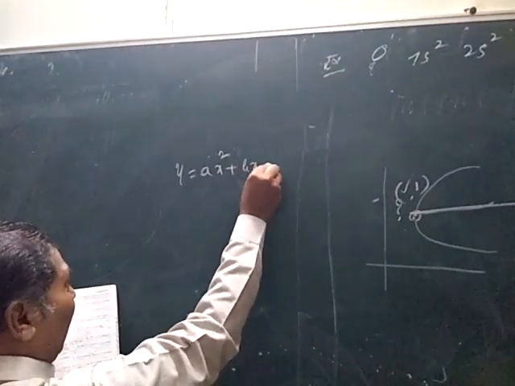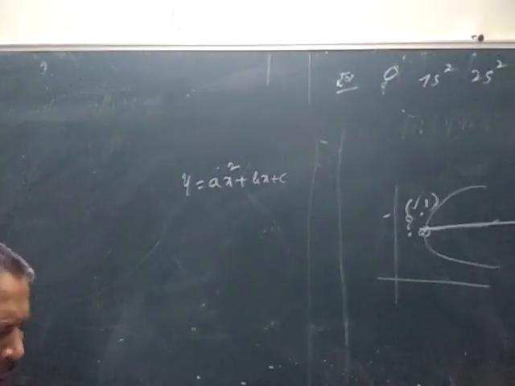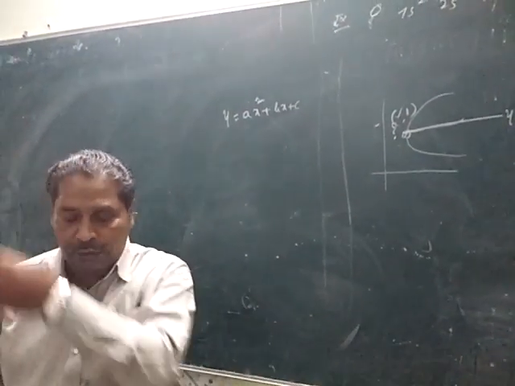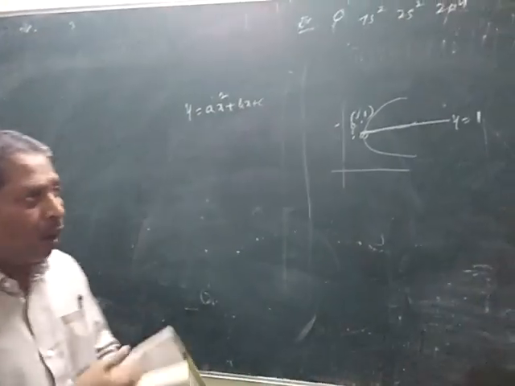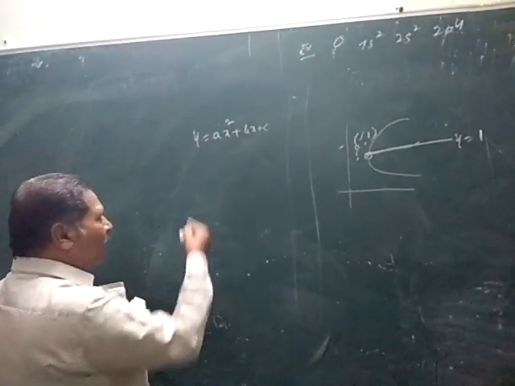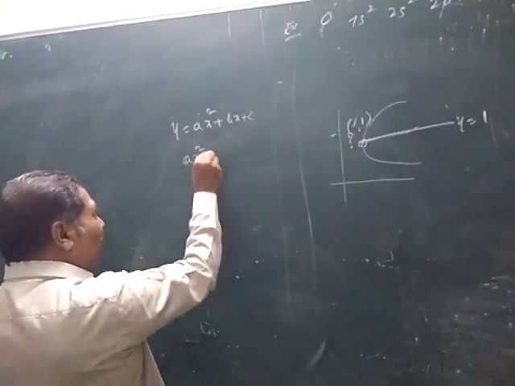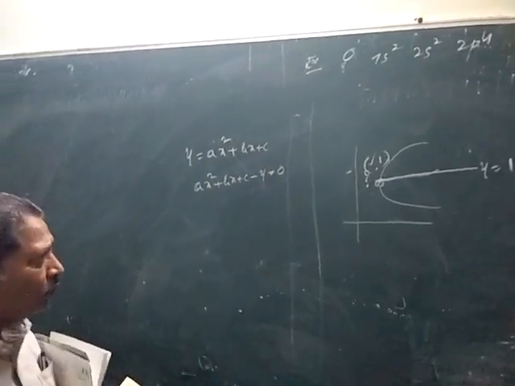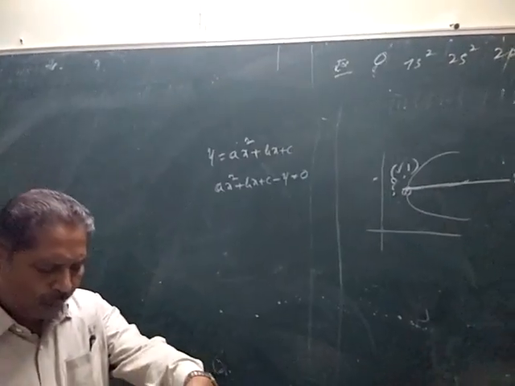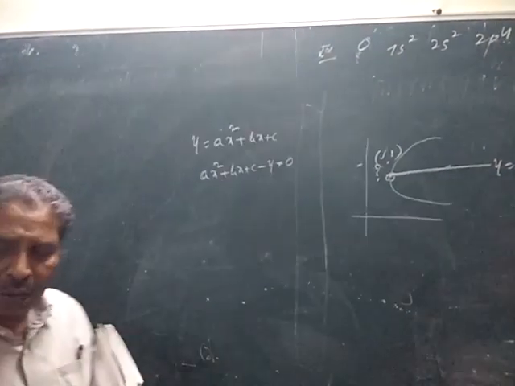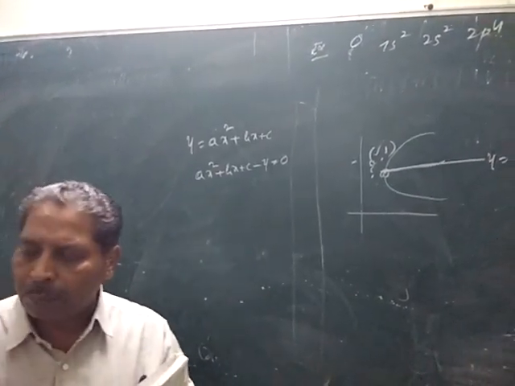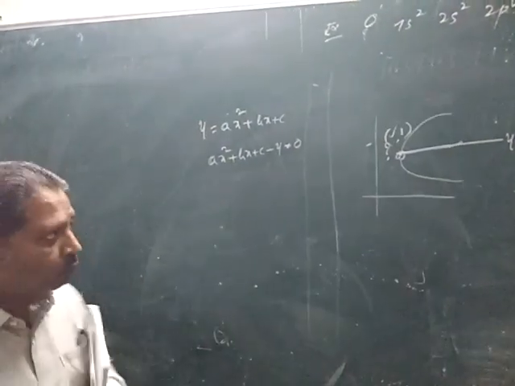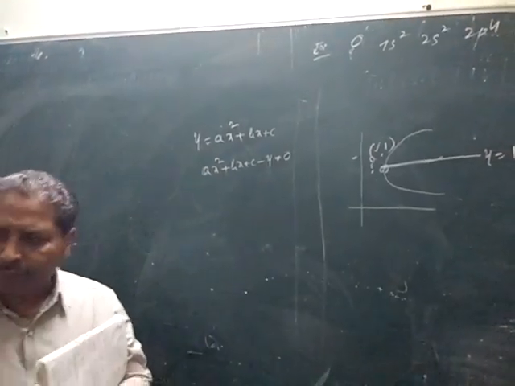Plus bx plus c equal to 0. Listen carefully. This is the quadratic expression: ax square plus bx plus c minus y. Find the vertex of the parabola. Similarly, first calculate ∂f/∂x for this x square parabola.